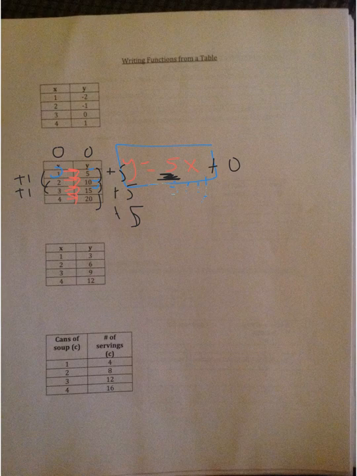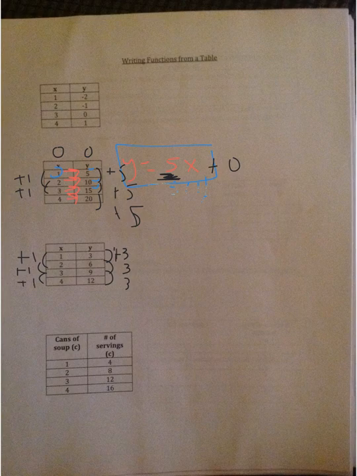Take a look at the third one down here. You'll notice going from 3 to 6 is plus 3. 6 to 9 is plus 3. 9 to 12 is also plus 3. And then over here is plus 1. Plus 1, plus 1.